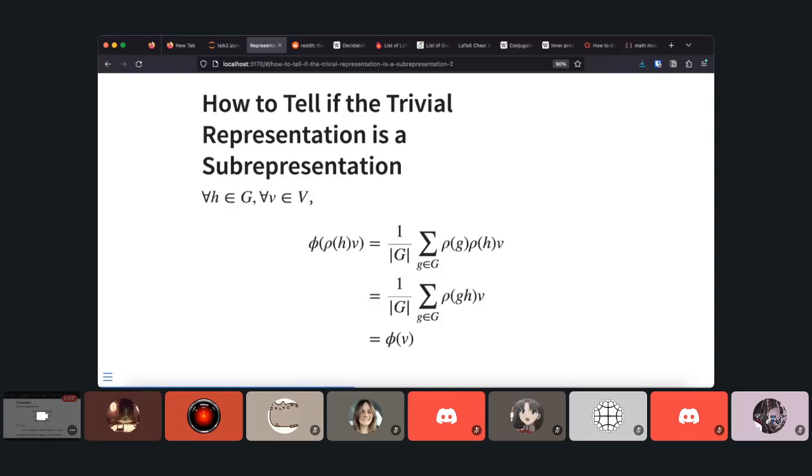What we'll see is that now we have this average, and phi is totally invariant. Phi takes a vector v and projects it onto the invariant subspace.